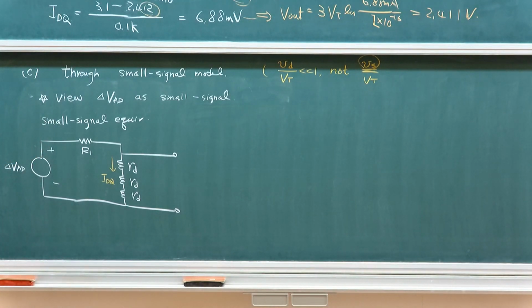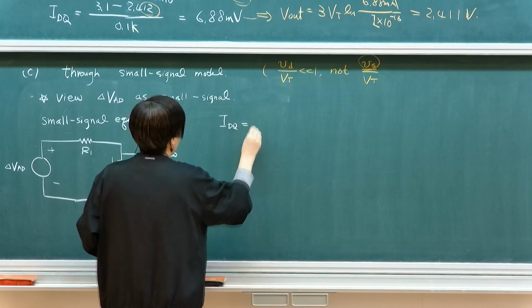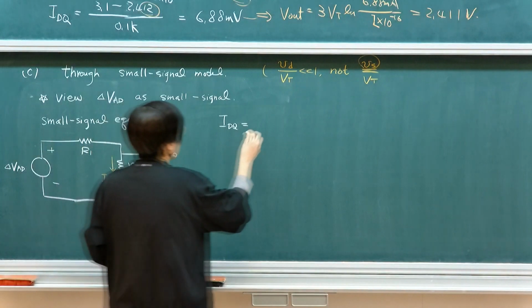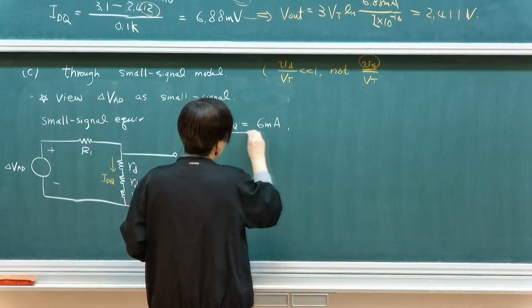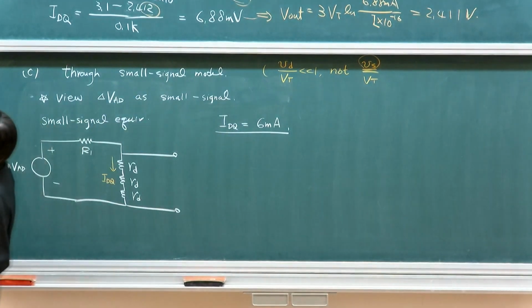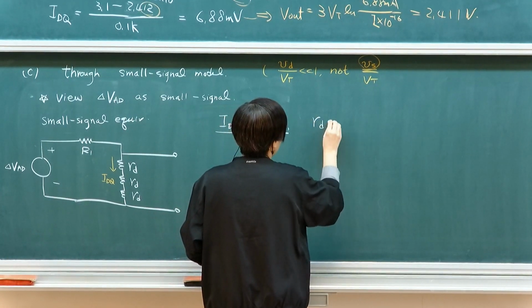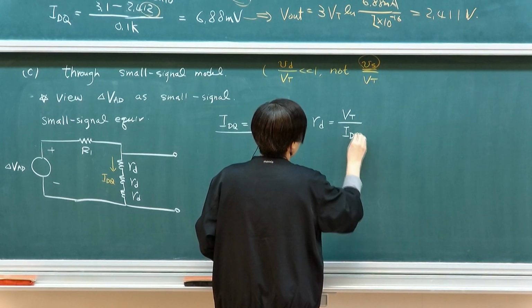First of all, where is the quiescent point? IDQ is from problem 1. IDQ is my bias current before it changes with 100 millivolts. So IDQ is 6 milliamp. Therefore, I already know my nominal value, the quiescent point. Given 6 milliamp, I should be able to find RD equals VT divided by IDQ.